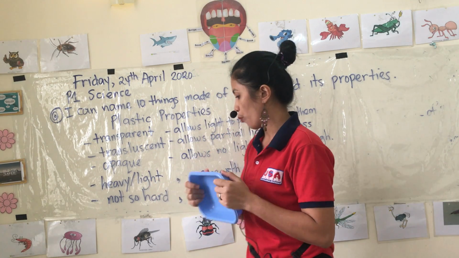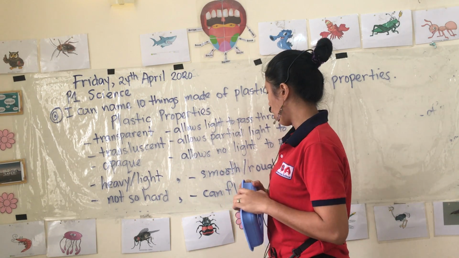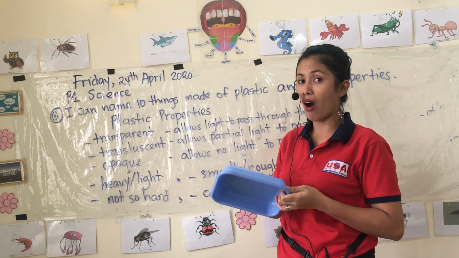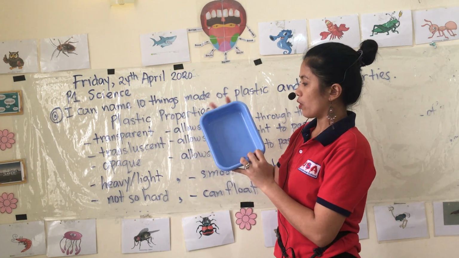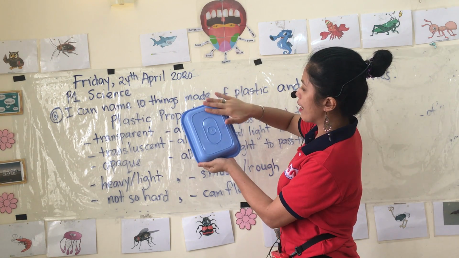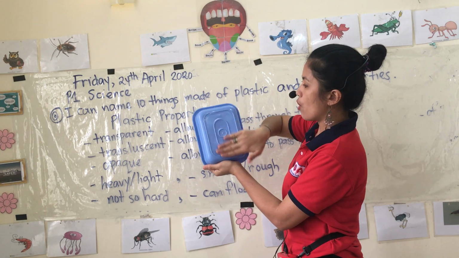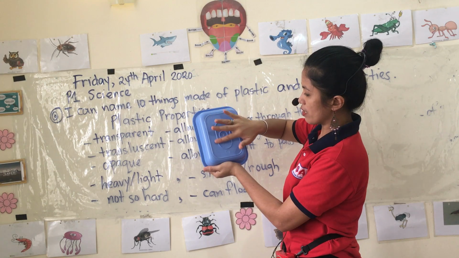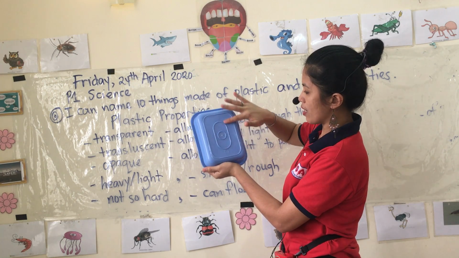So plastic is not so hard. And also some plastic are smooth and some are rough. Like this side is smooth, but if I put my hand over here, it's rough because it's not plain. There are some designs here.